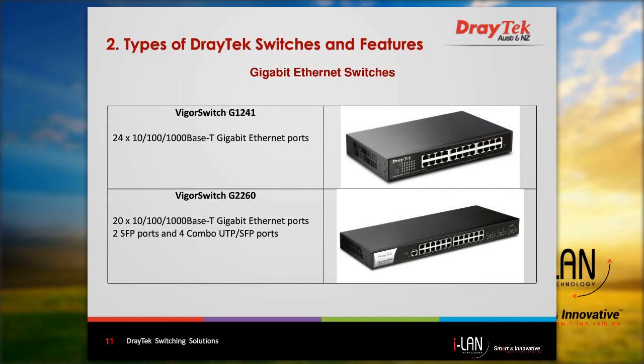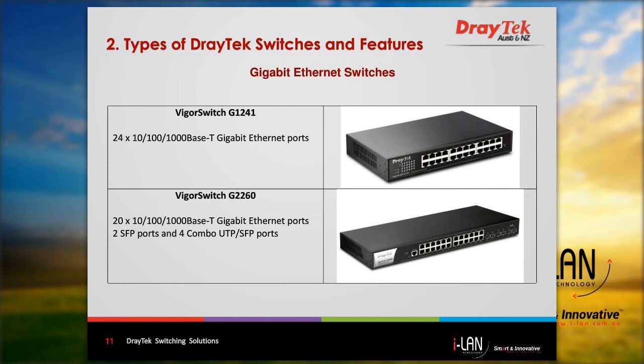And here we've got the other type of managed switch, with no PoE functions. So the DrayTek Gigabit Ethernet Layer 2 switches are designed for small to medium-sized businesses, providing high performance and reliability. Standard features include VLAN network security, quality of service prioritization, bandwidth and traffic control, port mirroring, and bandwidth aggregation.